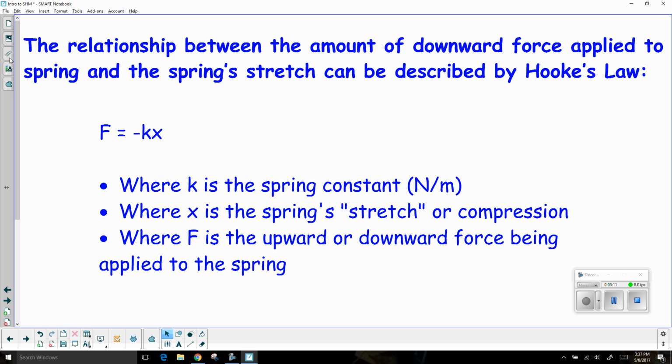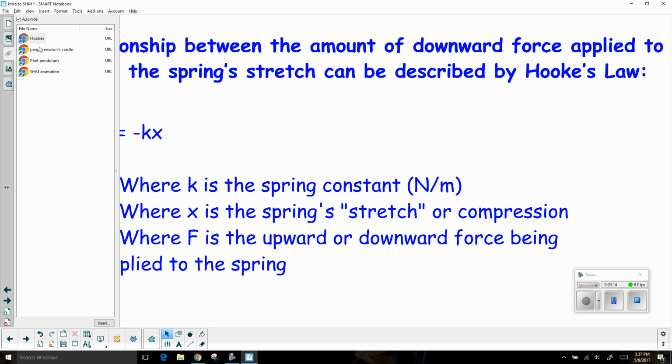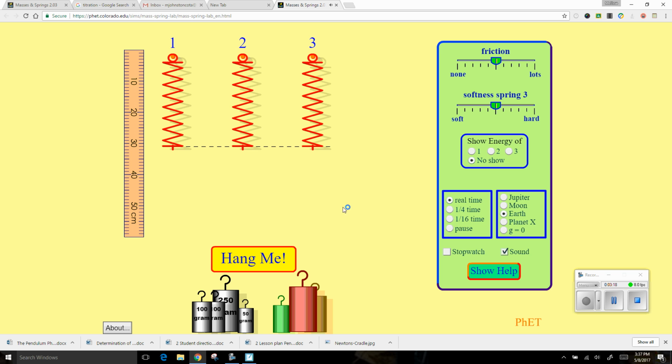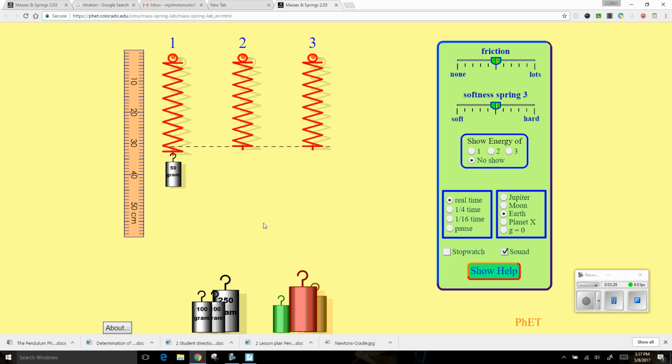And before we go to this definition, let's look at the simulation. When we're talking about a mass spring system, we're talking about a spring, and we hang some amount of mass to it, and that particular spring system oscillates.